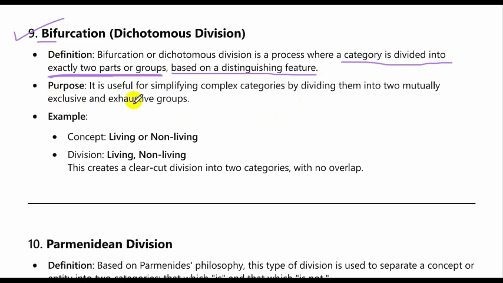What is its purpose? It is useful for simplifying complex categories by dividing them into two mutually exclusive and exhaustive groups. Example, living or non-living beings. This creates a clear-cut division into two categories with no overlaps. It is completely exclusive and exhaustive as well.